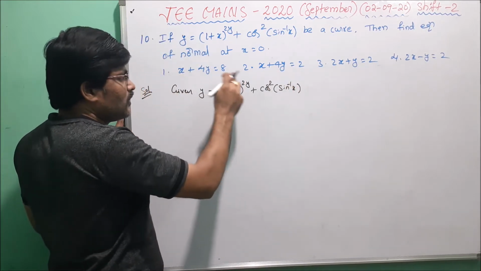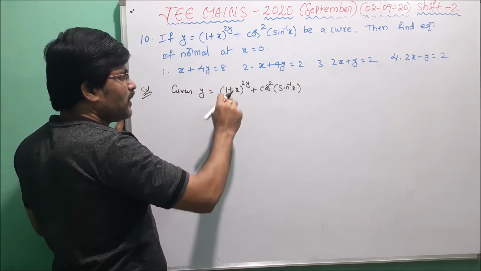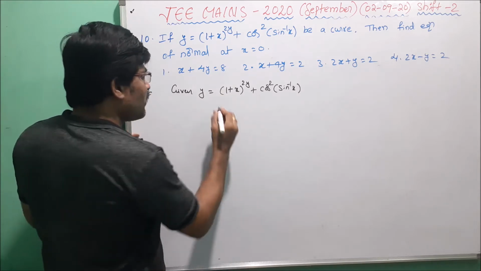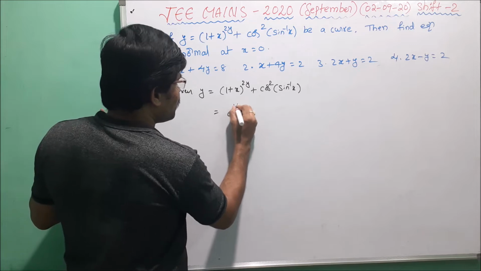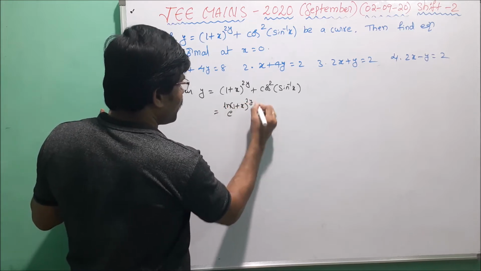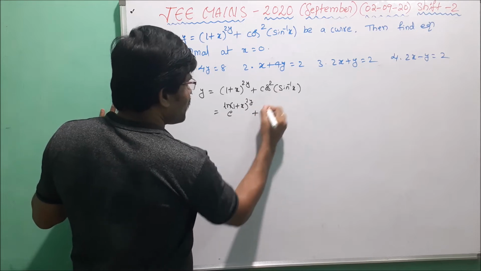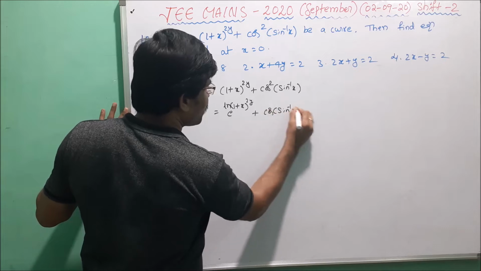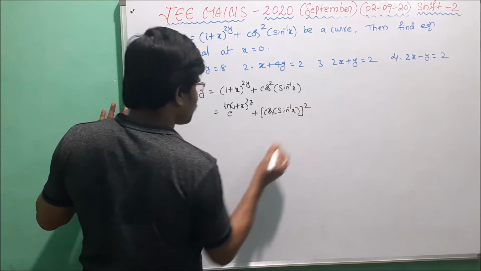Here we observe that in the given curve, the first term is of the form f(x) power g(x). Now we write e power 1 plus x log 1 plus x power 2y plus cos of sin inverse x whole square.